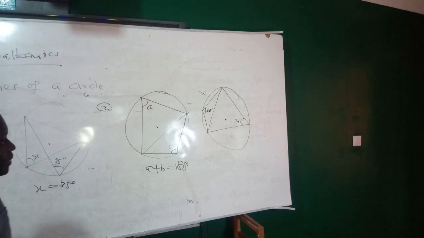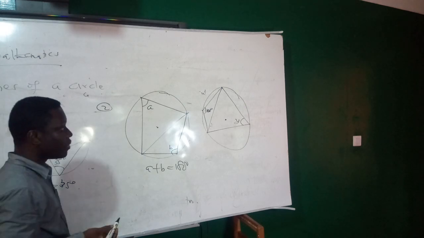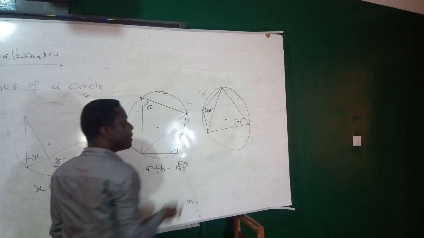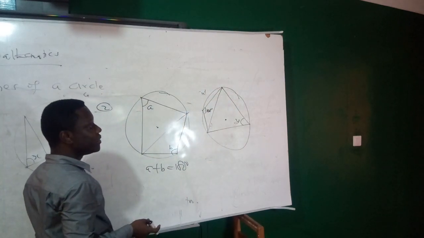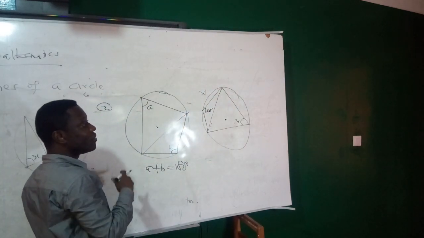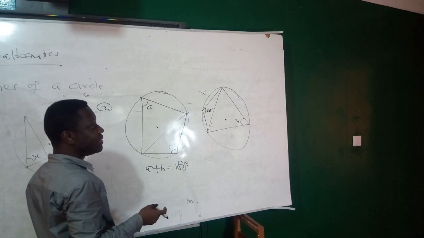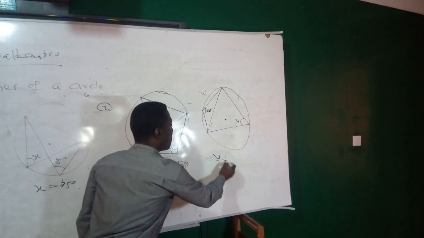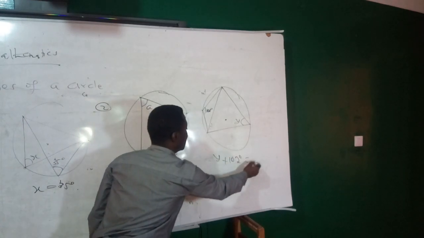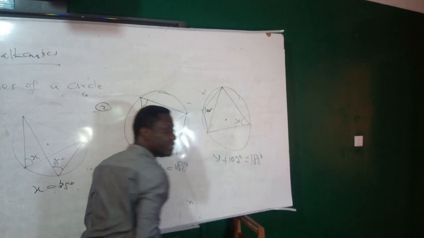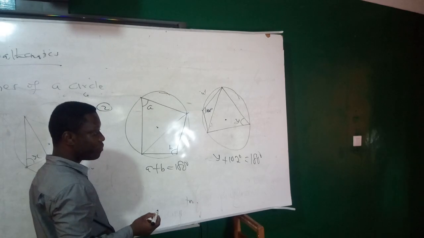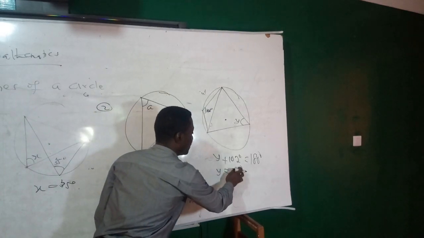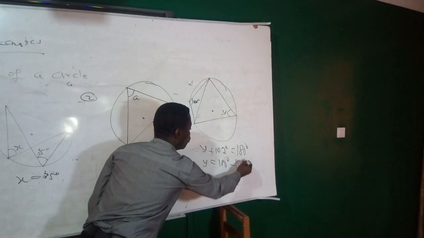From that second property, we can straight away say that because the two angles are formed by the same chord, but this time the two angles are in different segments, we'll simply say that Y plus 102 degrees will give us 180 degrees. So from this simple equation, Y is equal to 180 degrees minus 102 degrees.